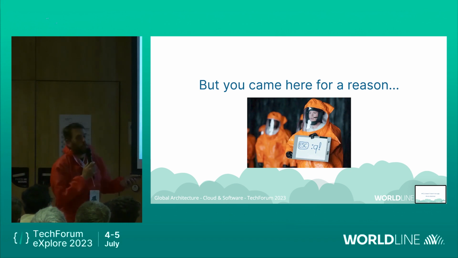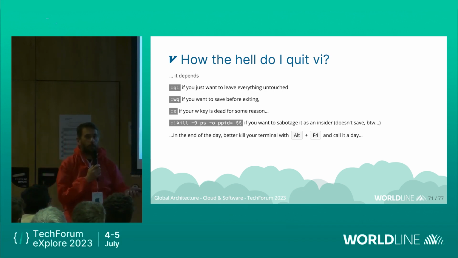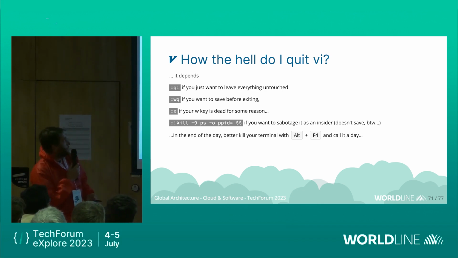But I think you come here for a reason, and that's how the hell do I quit Vi. And in fact, it depends. It depends whether you want to just escape, leaving everything untouched, and then it's this one. If you want to save before exiting, this one, but not if you want to just save if you changed something, then it's this one.